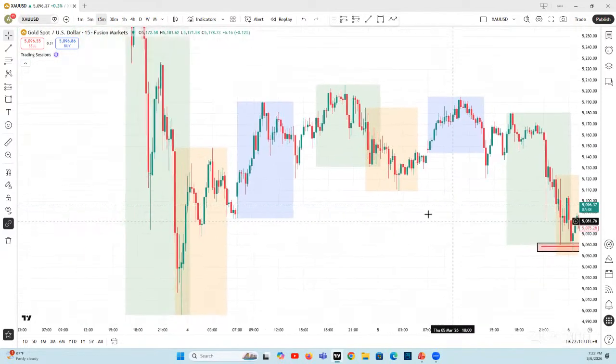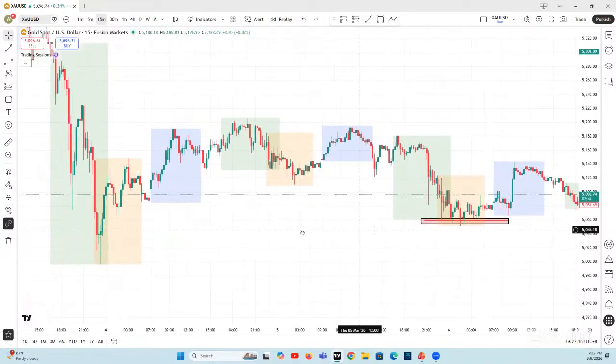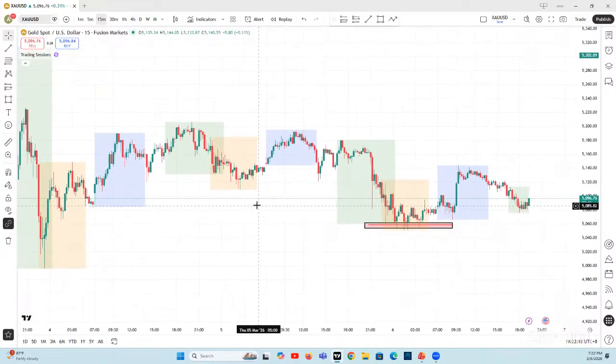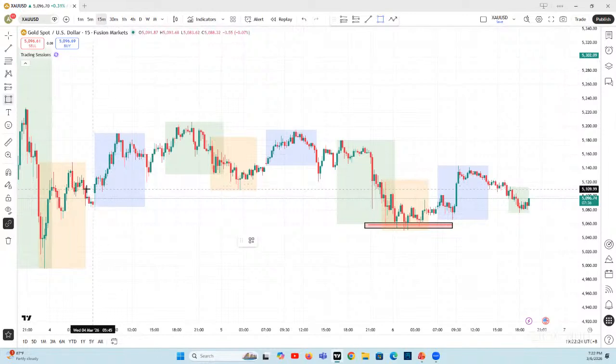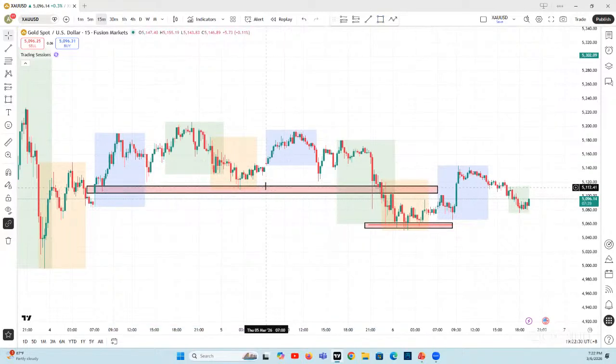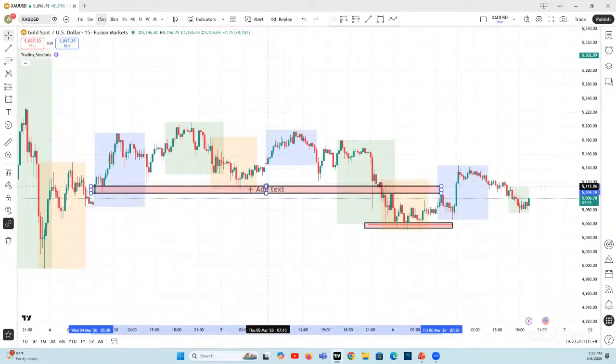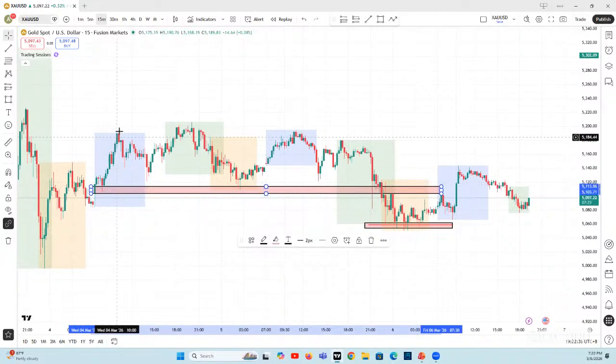So for example, this is in the 15 minute. Okay. What do you notice? You drag your support like this. Okay. It bounced there. It bounced there.